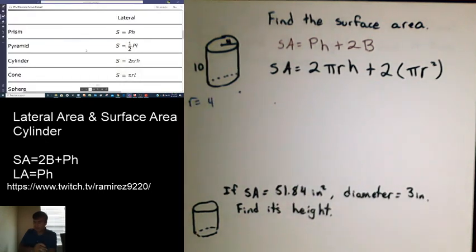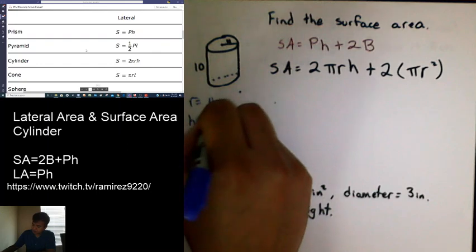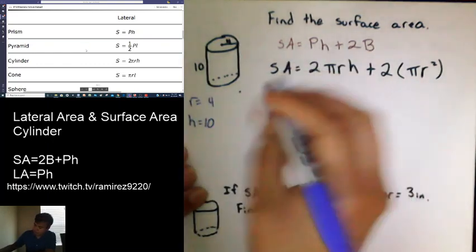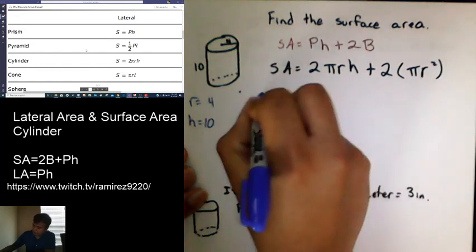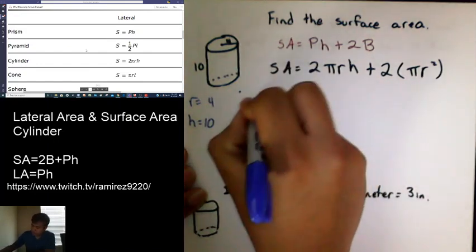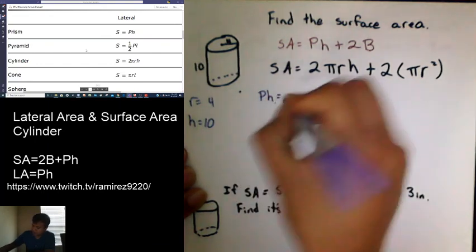Yeah, you could. So cylinders are actually fairly simple to work with. Just for this fact, you only need 2 values, you plug them in, and you're done. All right, so I'm gonna go ahead and find the lateral area first, just because the PH, which is the 2 pi r h.